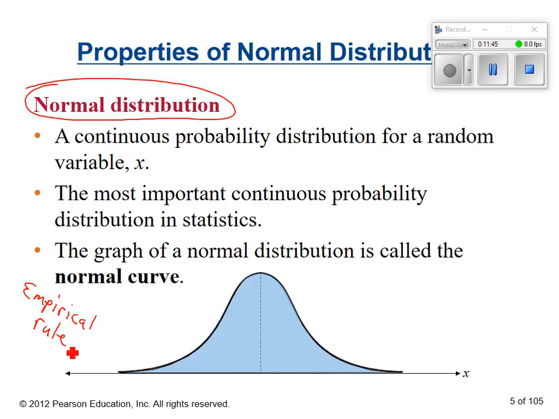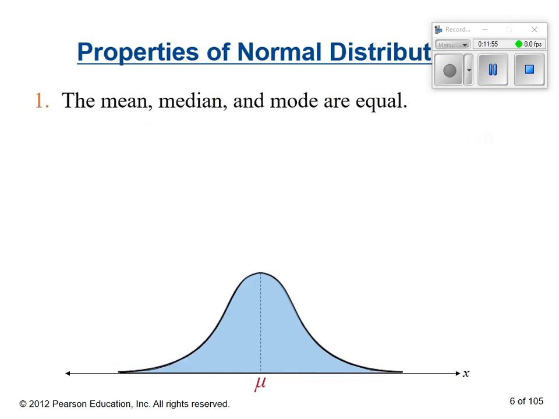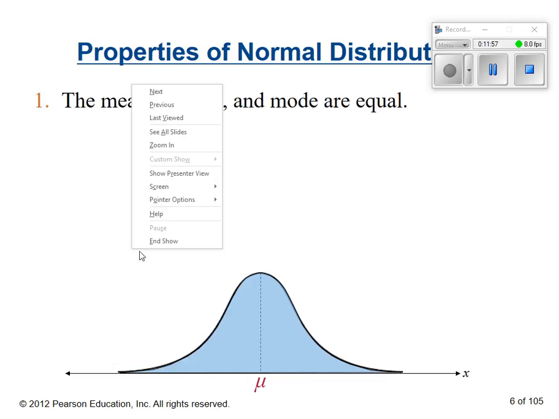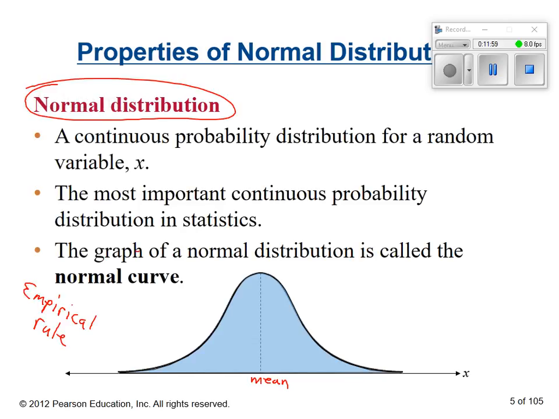What's the dotted line down the middle of this curve represent? That's the mean. So your mean's always going to go there, and you're going to have it separated.